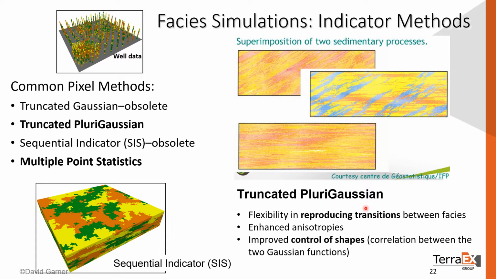And that's going to be the end of the talk, looking at honoring facies transitions, and we really won't have time to discuss entropy measures. That'd be another talk. The anisotropies and shapes get out of scope for all of the workflows, but this is one of the key aspects of plurigaussian.